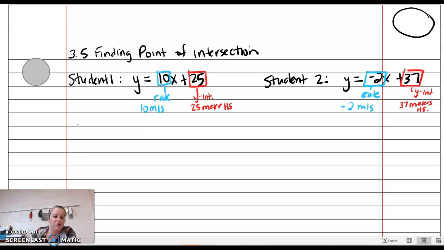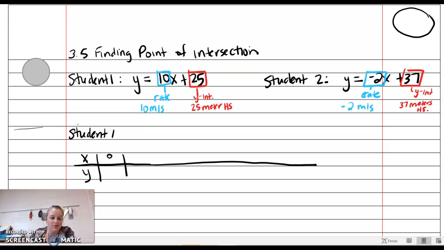All right, so let's take a look at student one's table. And look at their time, call X. And their distance, Y. I'm going to go by ones in the X up to 9 or so. And the Y, let's take a look at the equation.